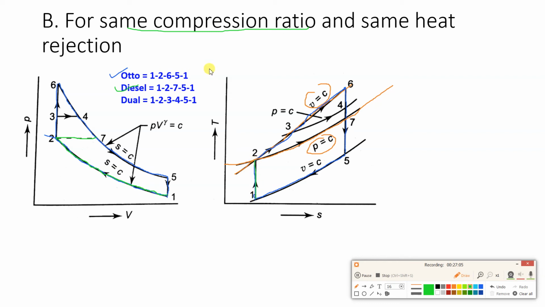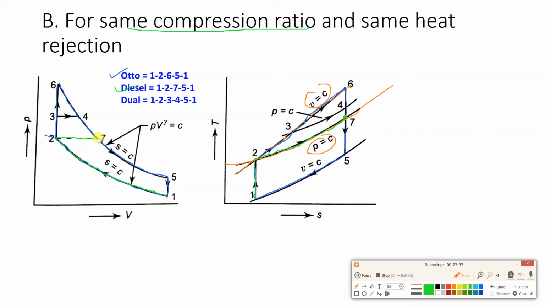Now it is overlapping because we have same compression ratio. Then 2 to 7 is constant pressure heat addition in case of diesel cycle. So we will follow this constant pressure curve. Now here it has not been mentioned that we have same heat addition. So here we will not go beyond this 6-5 vertical. So this point itself will be point number 7.